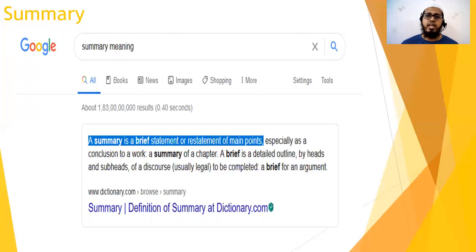Every person has a different way of writing, thinking and understanding things. There is no rule that this should be the only summary. Summaries vary. So having this in mind, we'll try to understand the whole task of summarize written text.